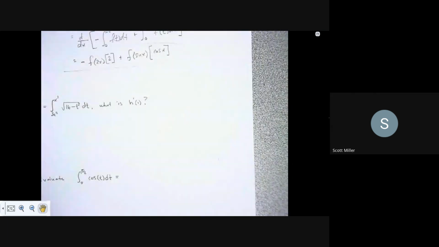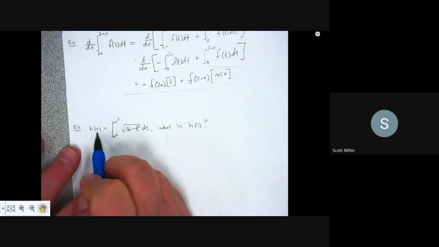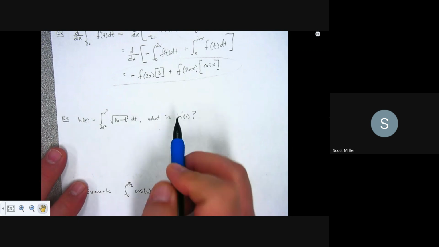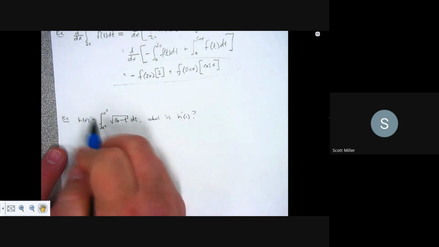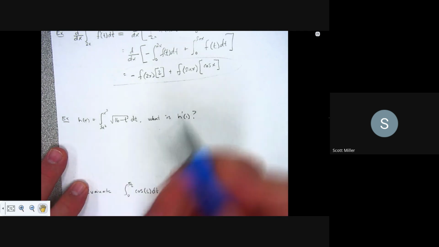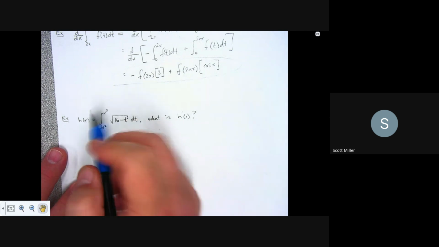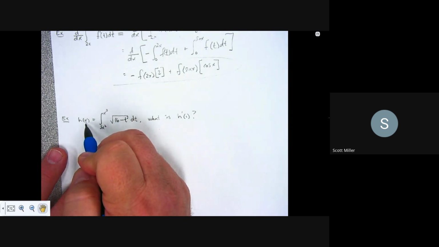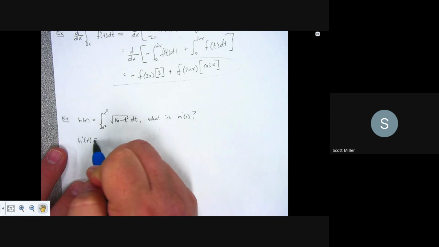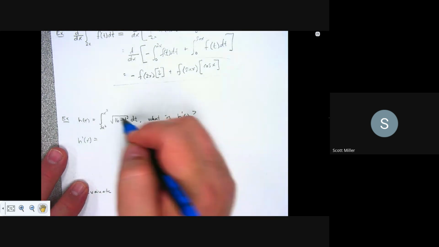And I'll show you how that works here. Here's h, and I want to find the derivative at 1, but I'm going to find the derivative first. So I'm taking the derivative of this. This is the antiderivative of that quantity right there, and so when I take the derivative, that's why this all drops out. So this is g. When I take the derivative of this, h prime of x, that's what I'm looking for, I'm going to do the upper minus the lower.